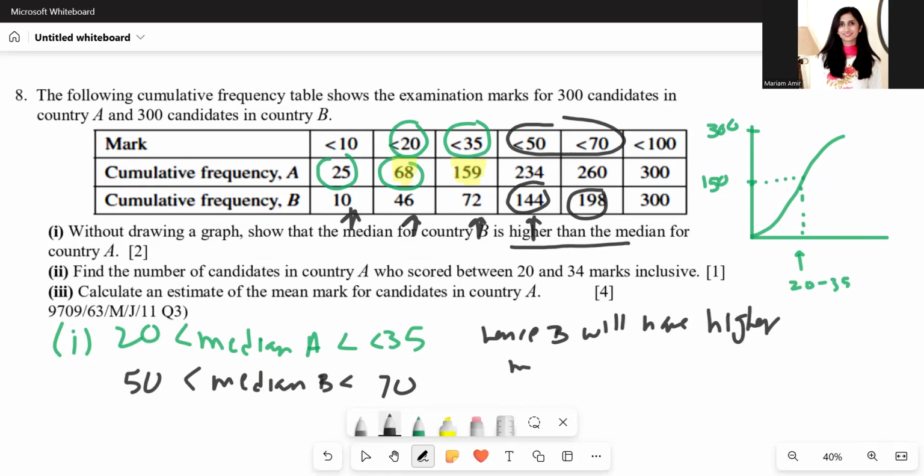Okay, that is done. Part 2, find the number of candidates in country A who scored between 20 and 34 marks inclusive.